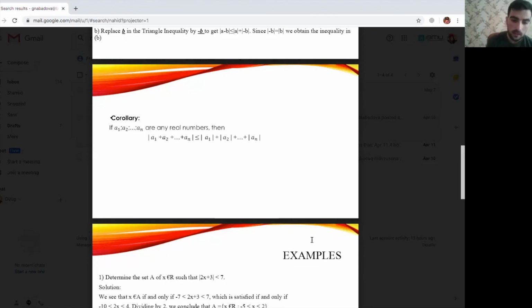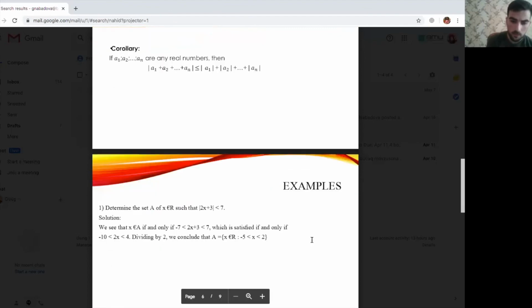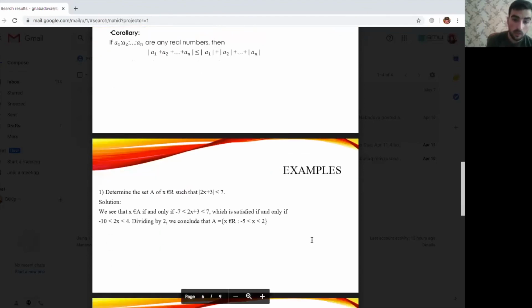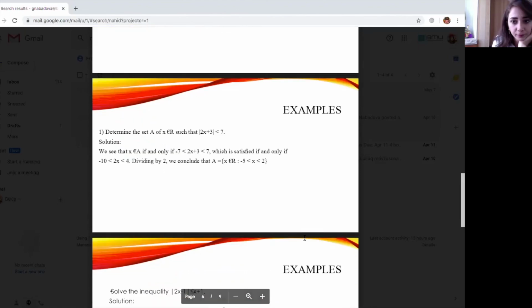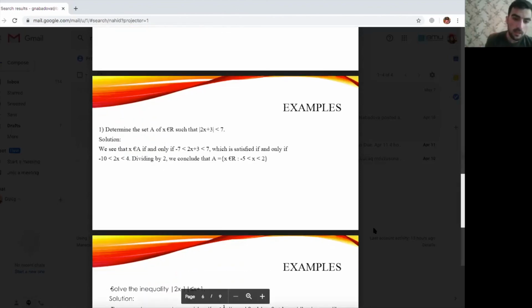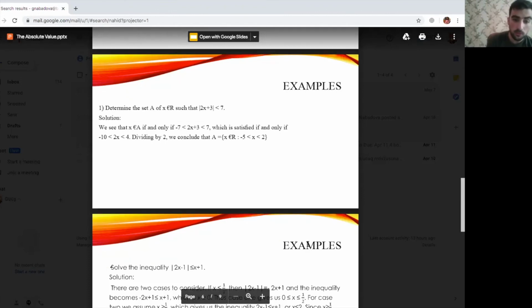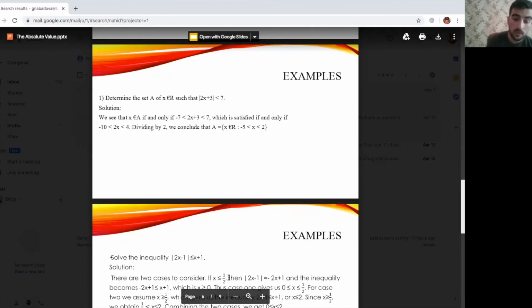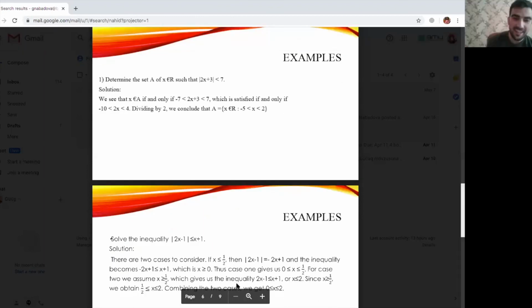And there are some examples for the absolute value. First, determine the set A of x from the real numbers such that |2x + 3| is less than 7.